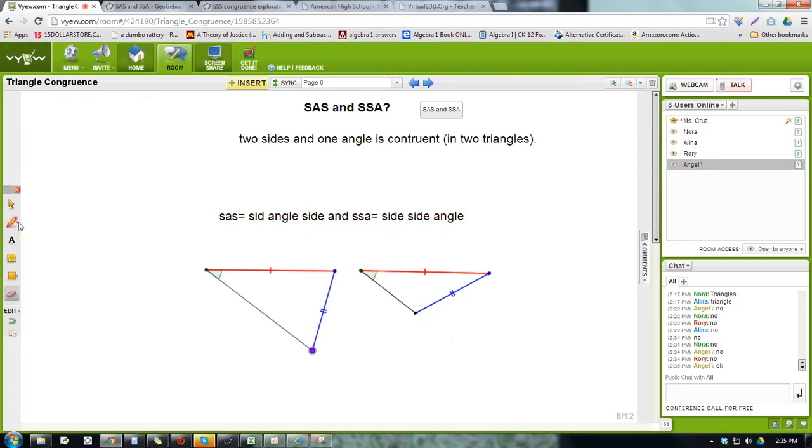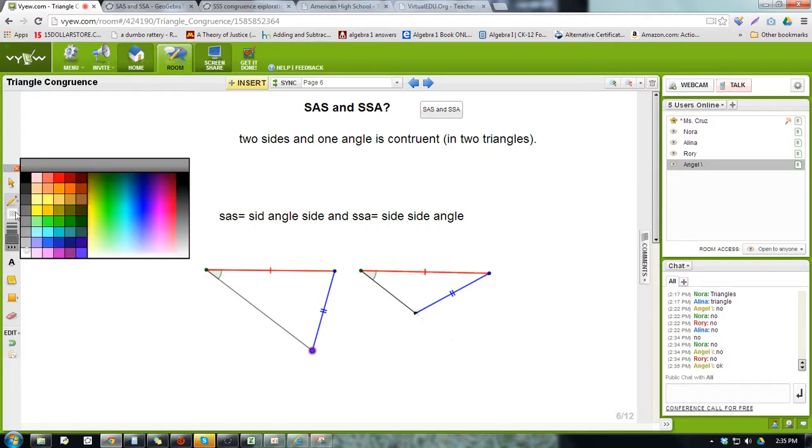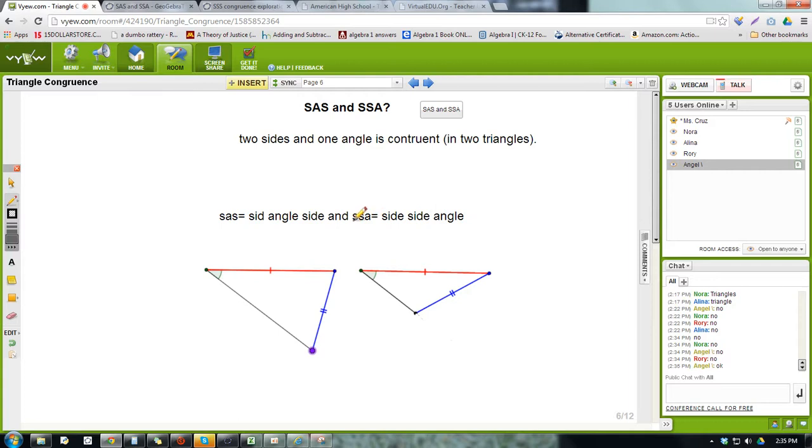Hold on. Let's just highlight this. I'll cross it out. SSA does not prove congruence in triangles. Okay, so only SAS is a theorem, and SSA is not.